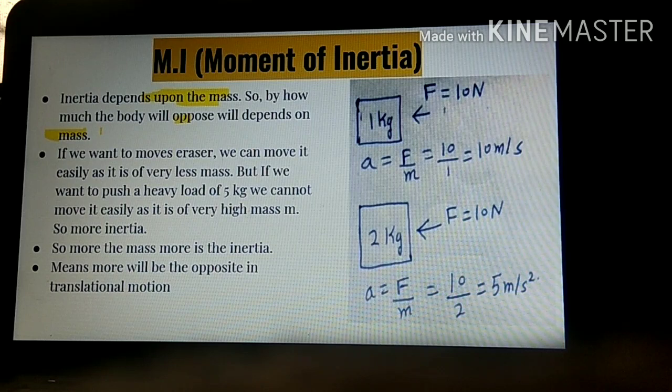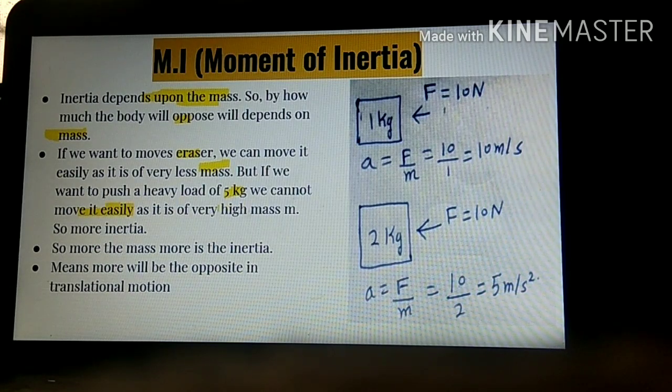If the body is of a lower mass, then the opposition force will be less. If the body is of a higher mass, then the opposition force will be more. Take for example, if we want to move an eraser, which is of very less mass, the opposition force is very less. But if we want to push a heavy load of 5 kg, we cannot do it very easily.